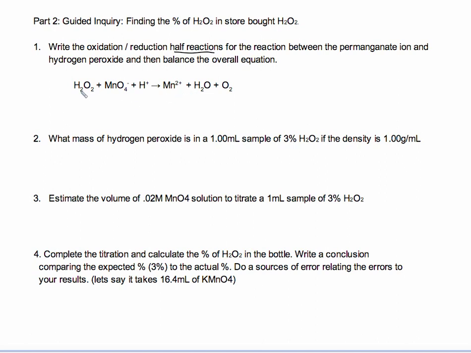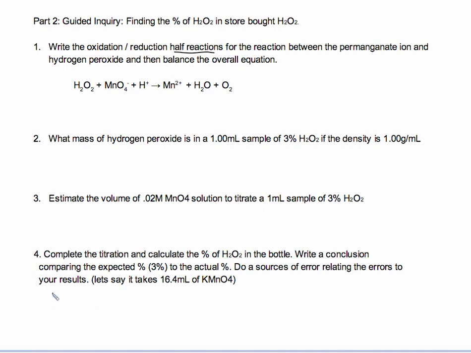Basically we're doing an oxidation reduction between the hydrogen peroxide and this potassium permanganate. And you're going to come up with the overall balanced equation, without the spectator ions. All right, and then you should be able to do number 2. You should be able to do number 3. But number 4, you'll need the lab data to do it, and so I put that in there.